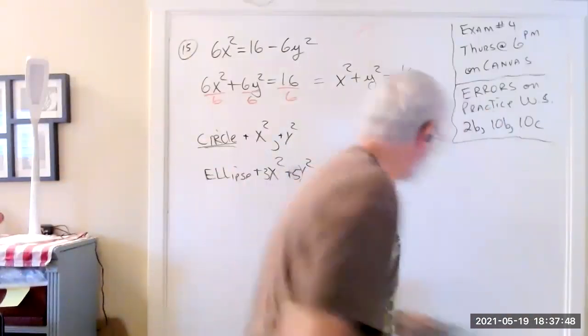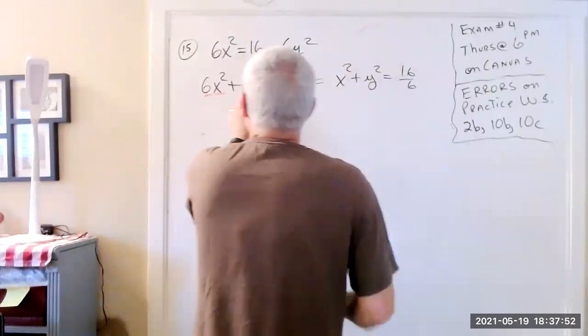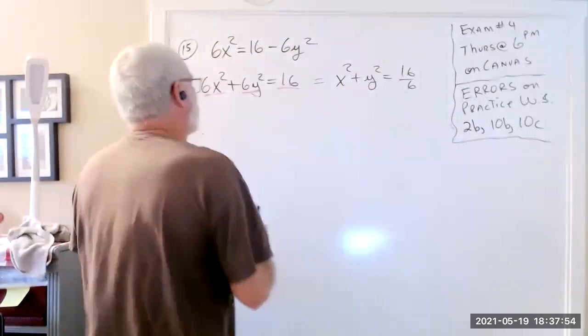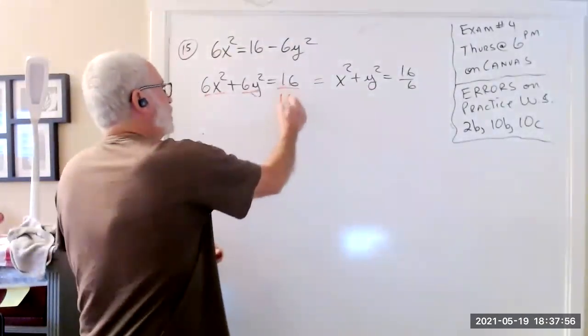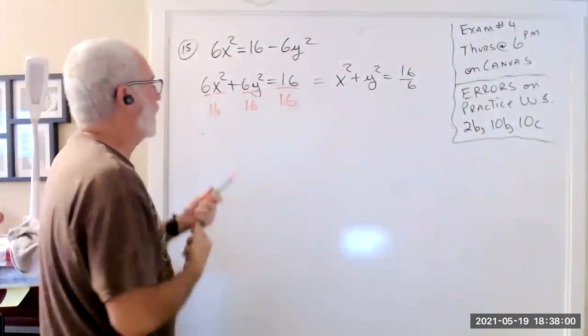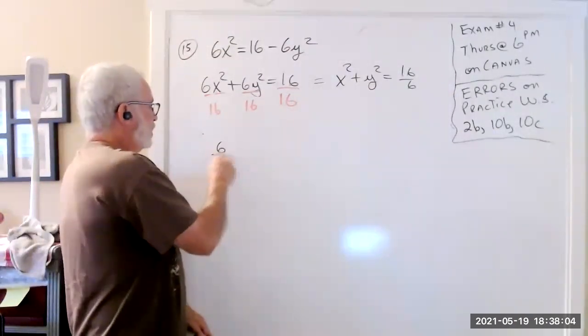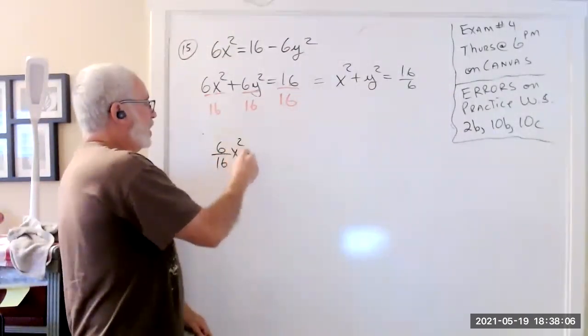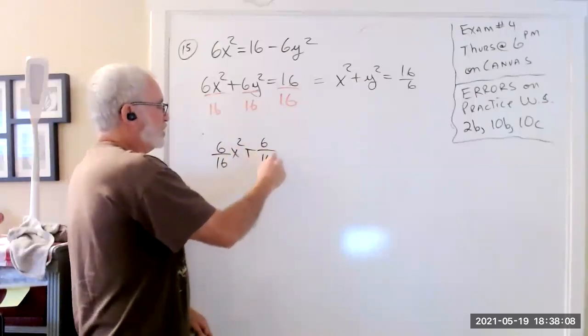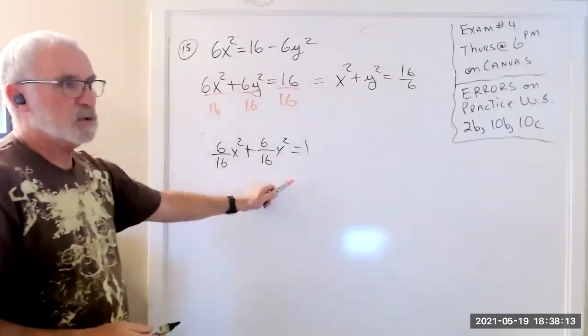If you took this and did it a different way, if you said, oh, I think it's an ellipse, so I'm going to divide everybody by 16. Well, then you have 6 over 16 x squared plus 6 over 16 y squared equals 1, because we know ellipses are supposed to equal 1.